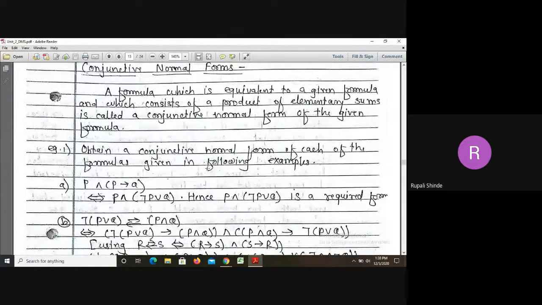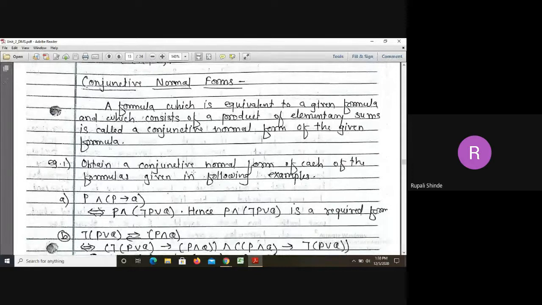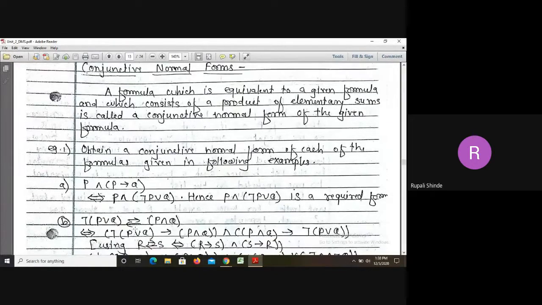So here again they have given some examples. So conjunctive normal form means what? Product of sum. So again product of sum means what? Sum should be there inside the bracket, product should be outside the bracket. If we get that form, then only we can say that whatever last answer we got is correct.